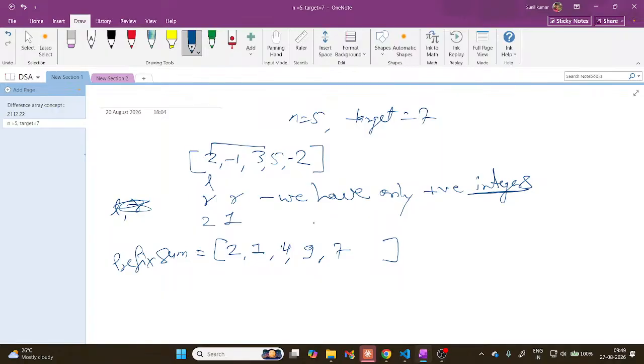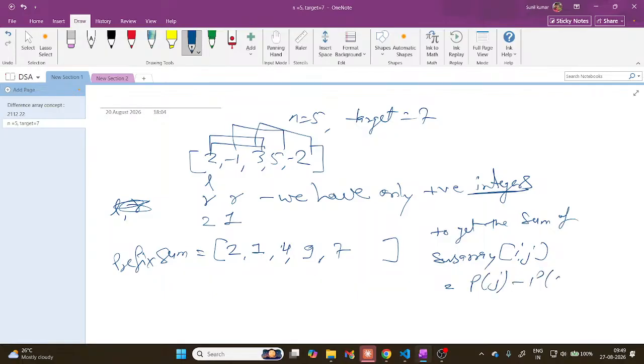To get the sum of a subarray i comma j, what I should get is prefix of j minus prefix of i minus 1. This is because index i must be included, it is inclusive, which is why I have to subtract the i minus 1 part.